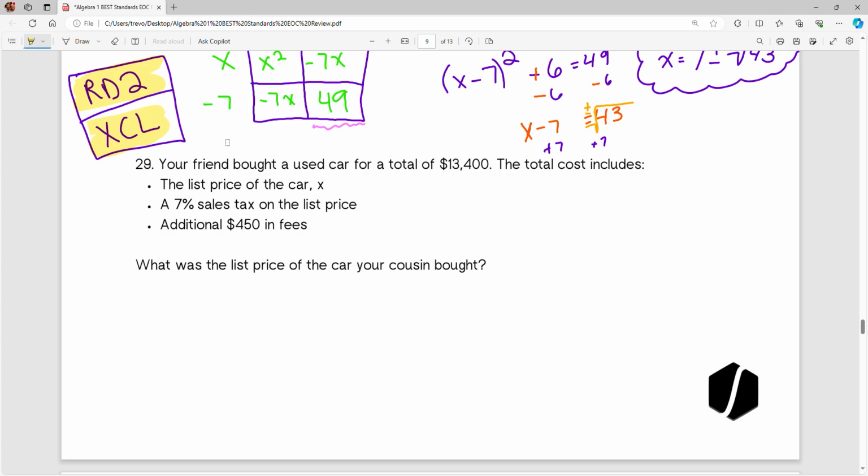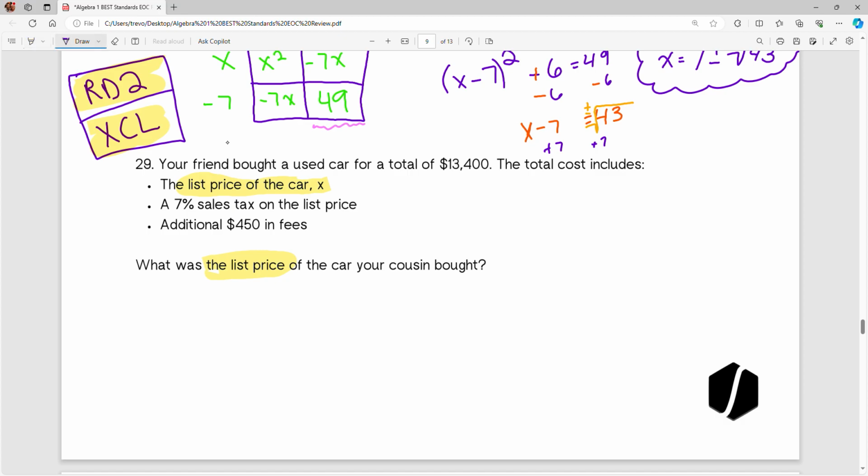What was the list price of the car your cousin bought? So they want you to find what's the list price. So what is X when we take this information and write the equation?